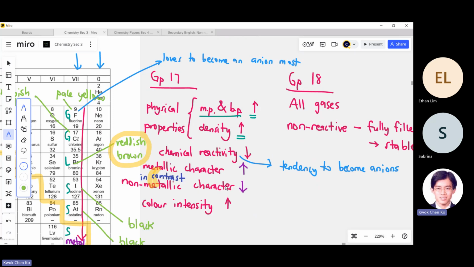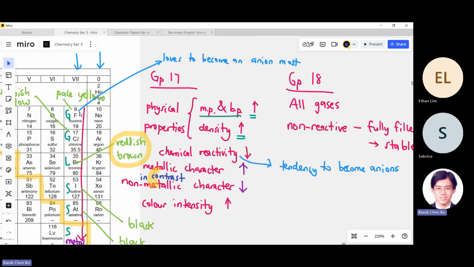These are alternative viewpoints, but of course the same rules apply. It loves to react with water. It loves to react with metals, for example.